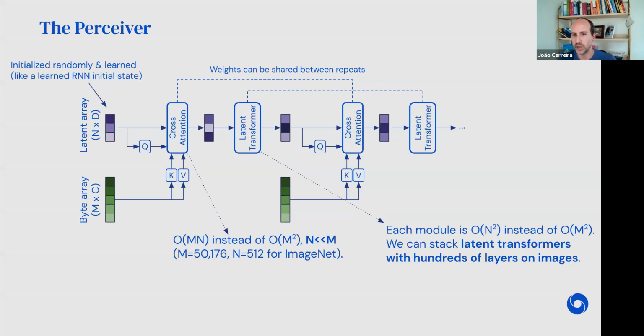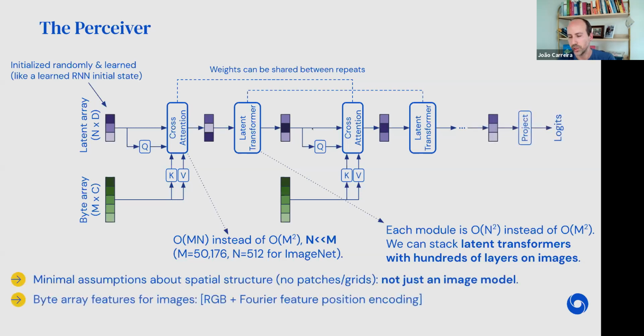In this case, the model becomes fully recurrent. Here, in this paper, we consider just classification, so we just average the latent array and then pass it through a linear layer to get some logits. So that's what it is.